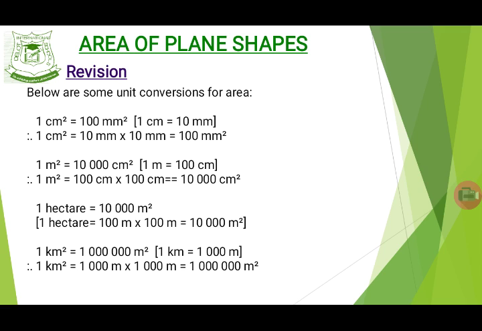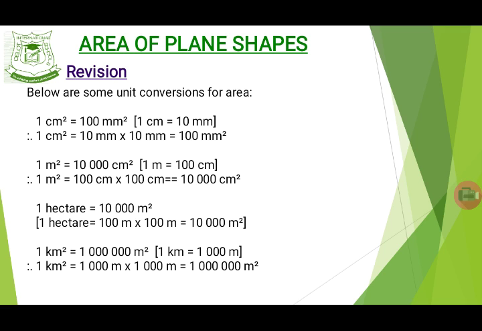And then 100 centimeters make 1 meter. Therefore, 10,000 centimeters square would make 1 meter square. Do you get it now? And then 10,000 meters squared is equal to 1 hectare. And then 1 million meters square is 1 kilometer square, because 1,000 meters make 1 kilometer, right? As I showed you last week.